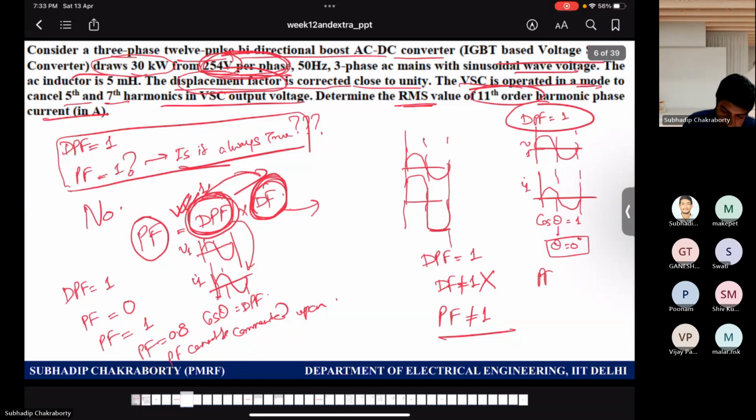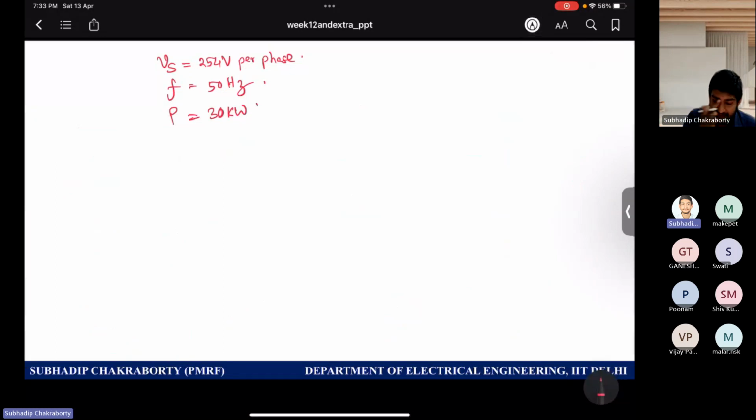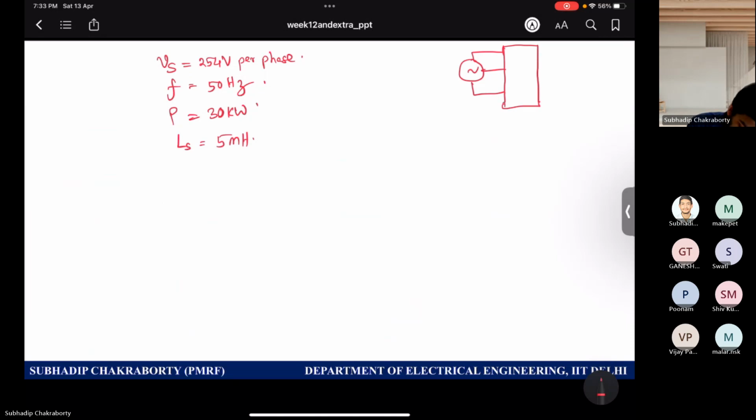Yes, sir. So you know that after the converter there is an interfacing inductor, right? That value is also given to you. The AC inductor value is given as 5 millihenry. If I draw the circuit diagram, then you have the three-phase AC supply, after that the converter, and then the load, right?